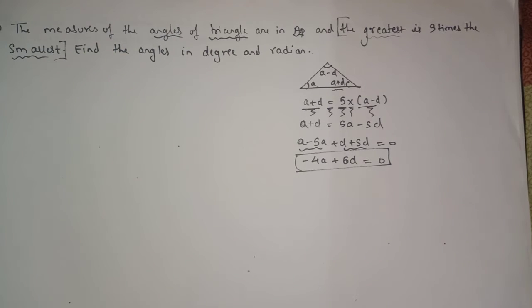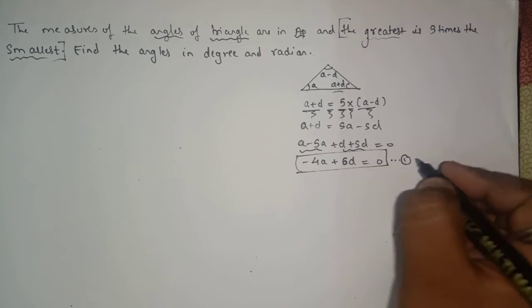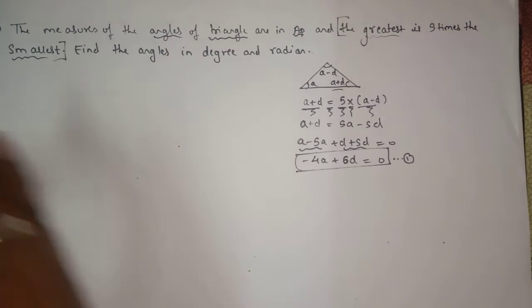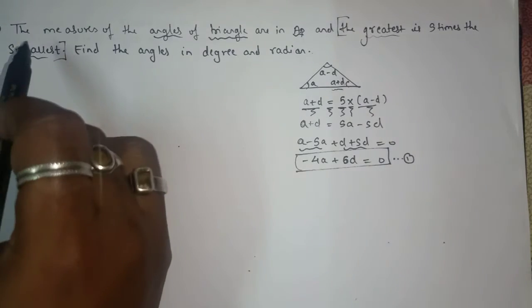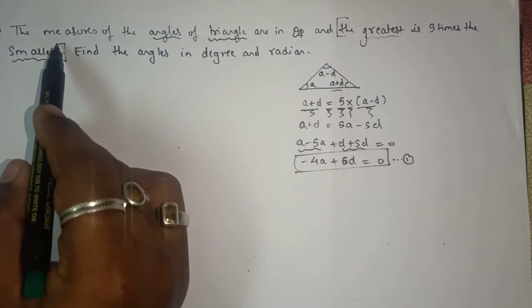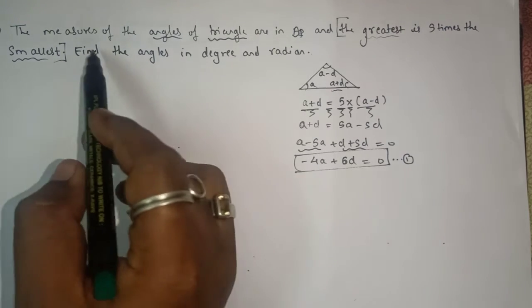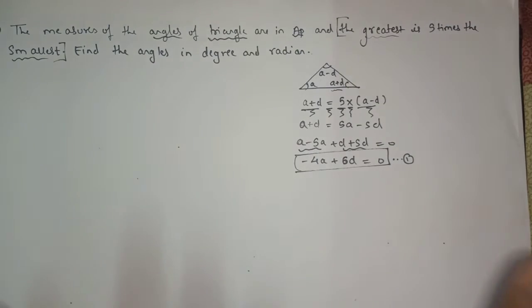So here we require one more equation, and we'll call this equation number 1. The sum starts from here, and here the first condition ends, and then after that we have to find the angles in degree and radian. That's it, nothing else is given in the question.